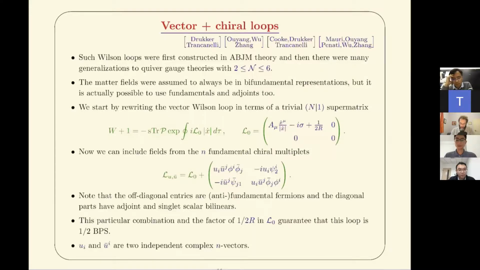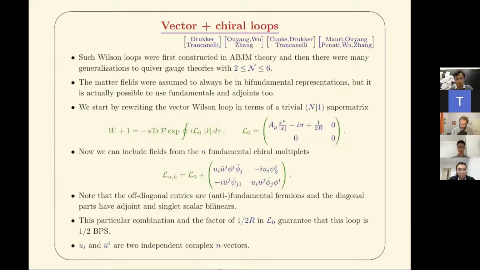So this combination is an adjoint of SU(N). The combination here is in the other order. It's a fundamental of SU(N). So it fits in a 1 by 1 block of this large n+1 times n+1 matrix. And the fundamental fields themselves appear in the off-diagonal. These u's and u bars are some arbitrary n vectors. They're not fields, they're just parameters.